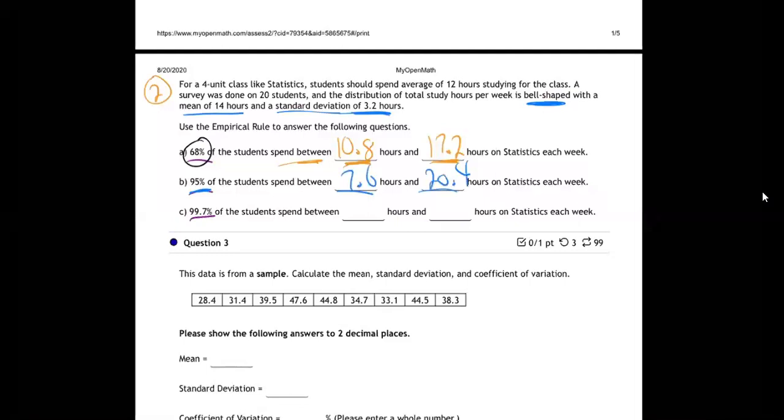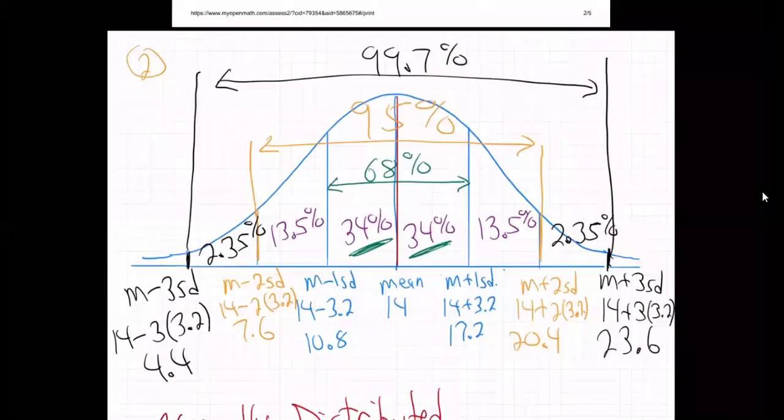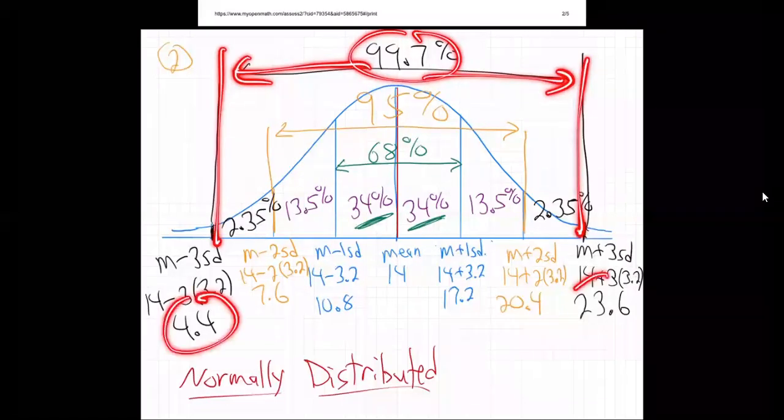Final question. 99.7% between what two amounts? So 99.7 goes there and there, this line, which is this number and this number. So 99.7% of the class spend between 4.4 and 23.6 hours on the class every week.